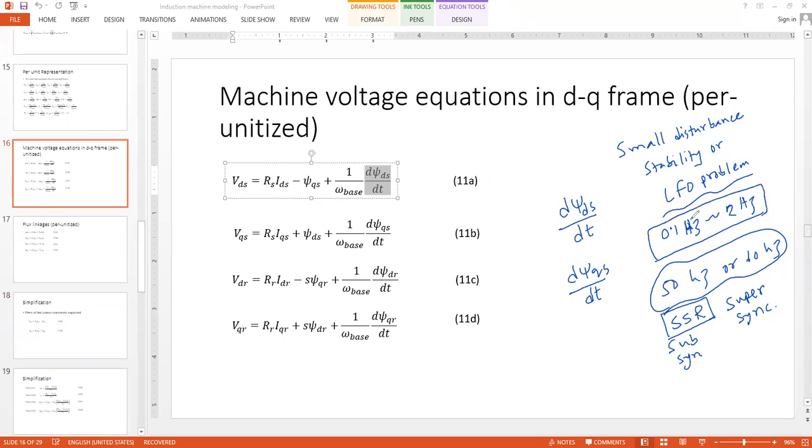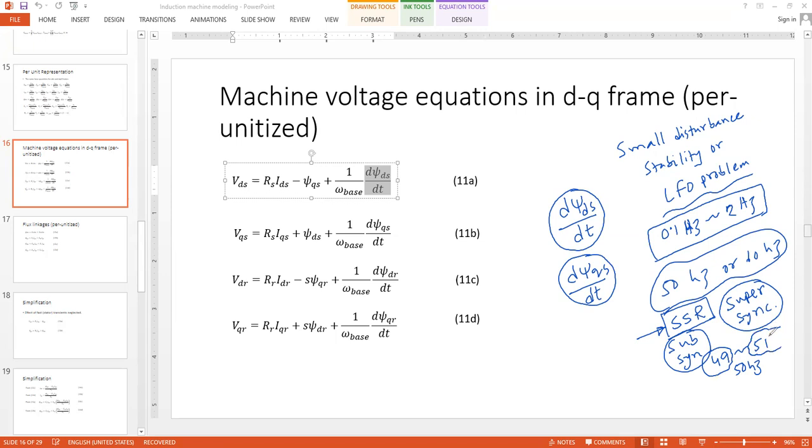However, if we were analyzing the subsynchronous resonance or the supersynchronous resonance, where the frequency lies in this range, let's say 50 hertz is your power line frequency, then subsynchronous resonance occurs somewhere around 49 hertz, 45 hertz, or something like that. Supersynchronous resonance occurs around 51 hertz or something like that.